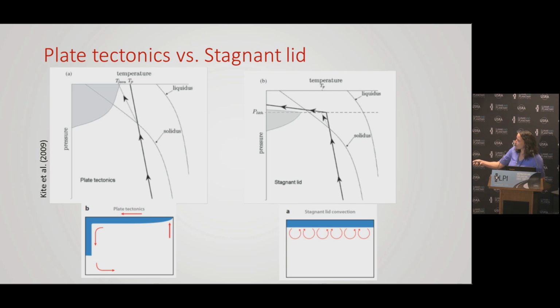As we bring our material up from the interior, it crosses the solidus here, but then it hits the conductive lid and cools off very rapidly. So we get much less melting occurring in a stagnant lid system, which means less overall outgassing from the system and not much return of material back into the mantle.